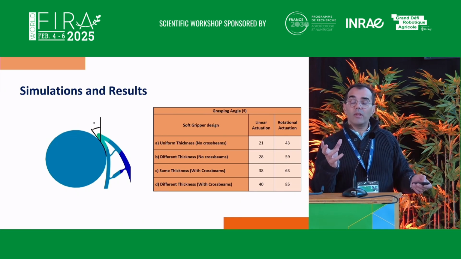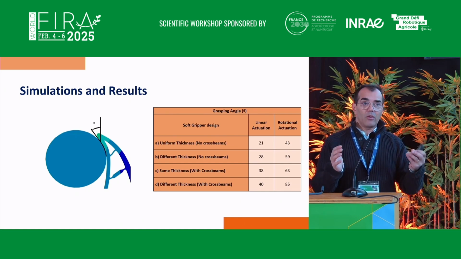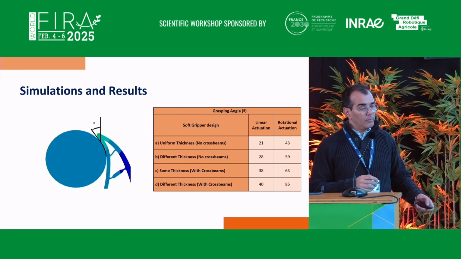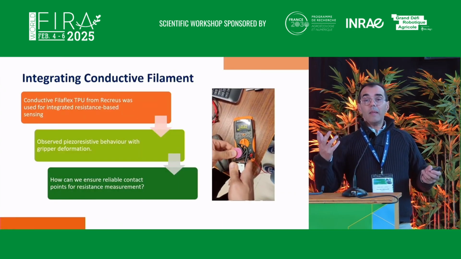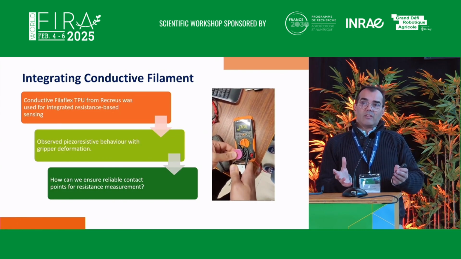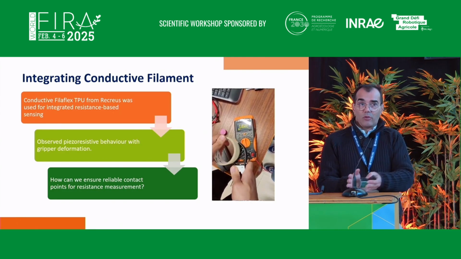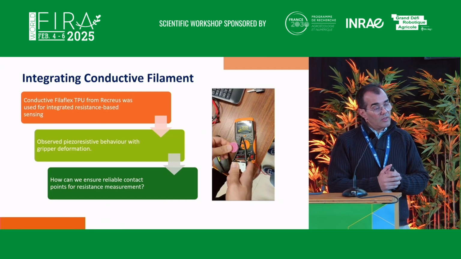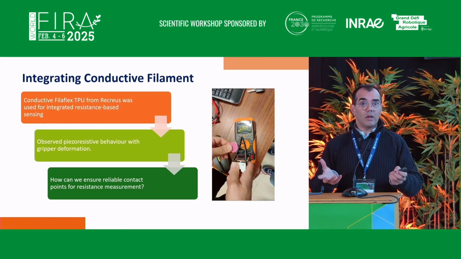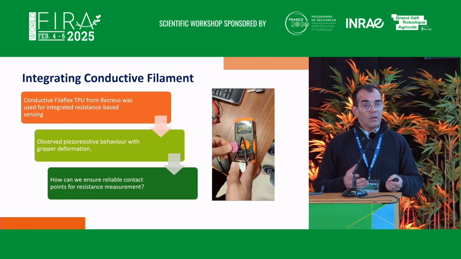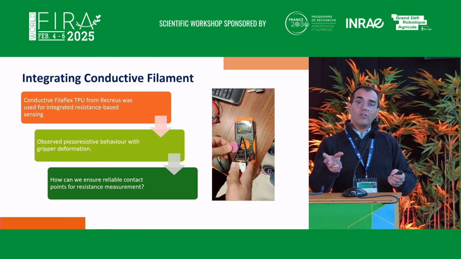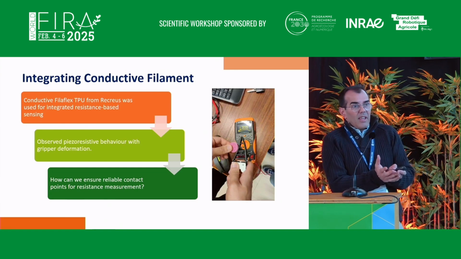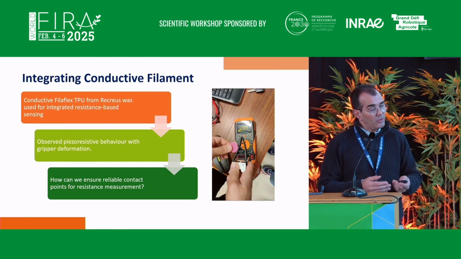What we want is the higher grasping angle, because a higher grasping angle means we can cover all the object. Then we tested and produced in additive manufacturing several of these fingers, and what you see here is that if you do it with a conductive filament, you get a variation of the electrical resistance from the deformation. This is a piezoresistive behavior that is provided here.